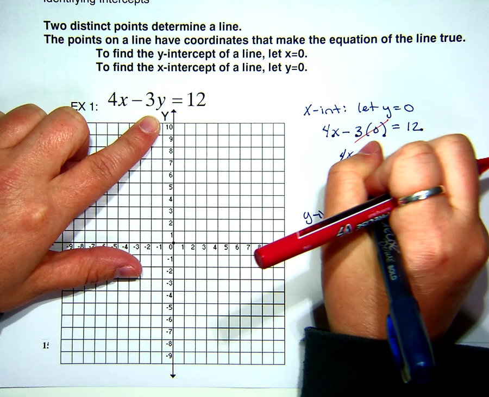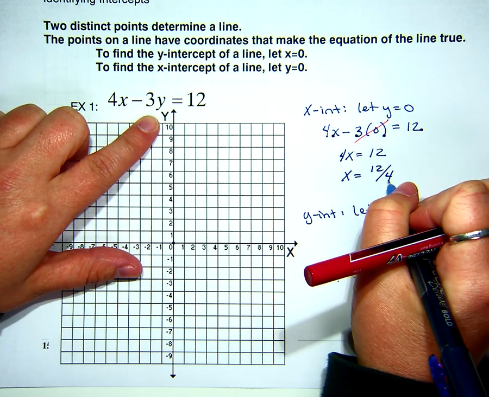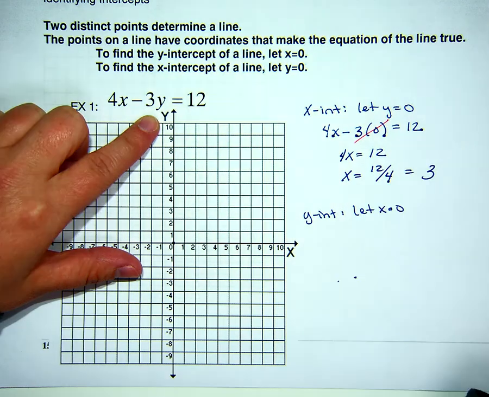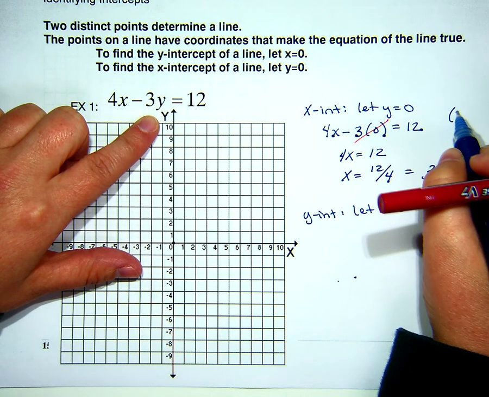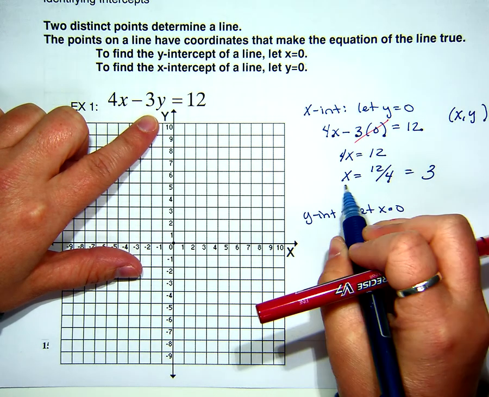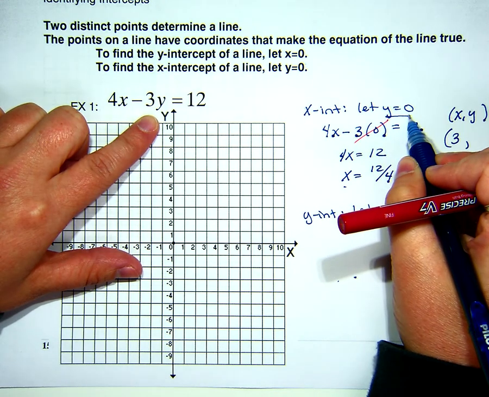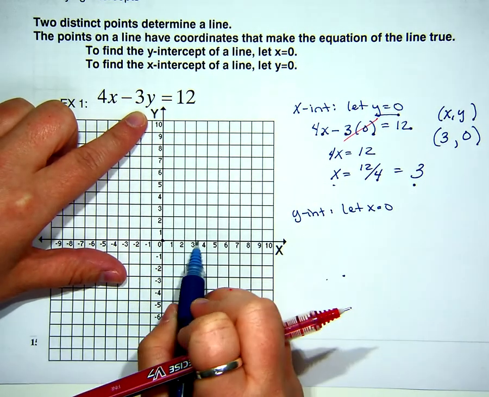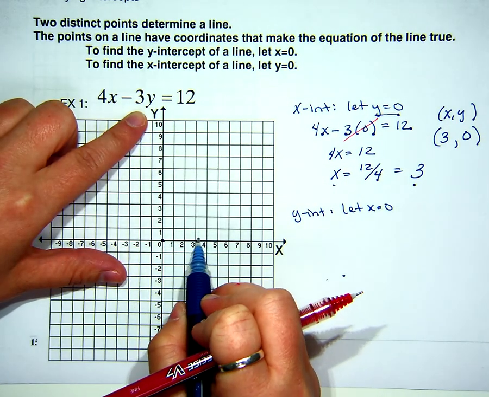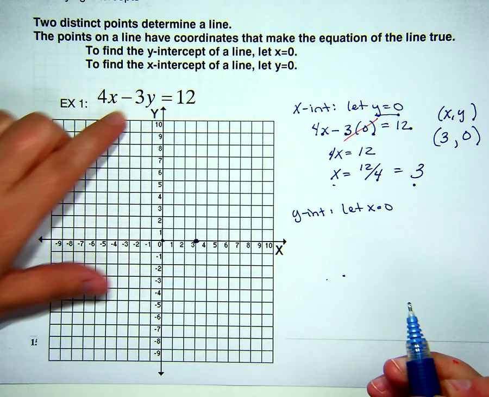X equals 12 divided by 4, which gives you 3. So I have an ordered pair x, y. My x is 3. My y I let be 0. So I have the point 3, 0. Start at the origin, count over 3 for your x, and 0 means don't go anywhere up or down for your y, so plot your point.